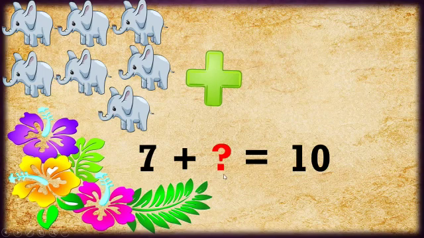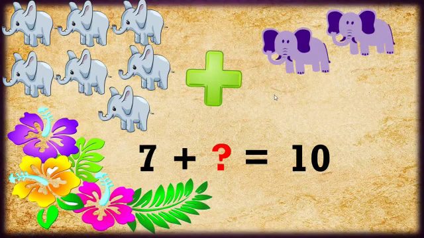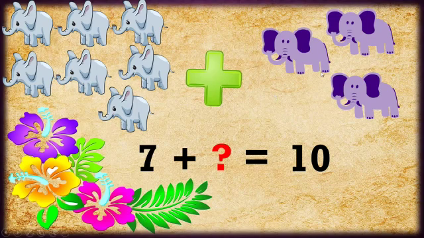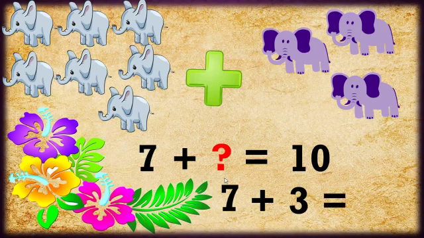Now how many elephants do we require? We will count next from 7. 8, 9, 10. Very good. We need 3 elephants more to make it 10. That means 7 plus 3 is equal to 10. You are doing very good.